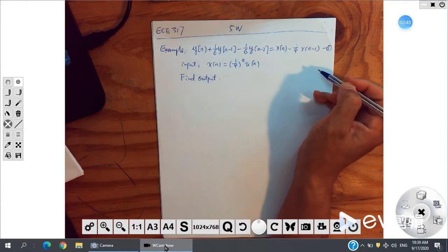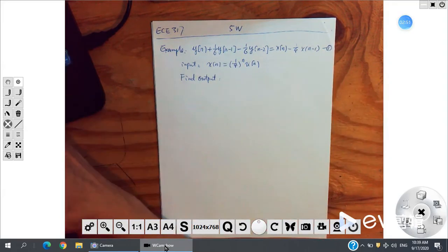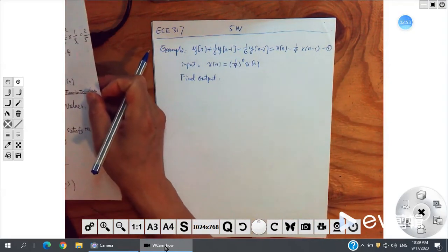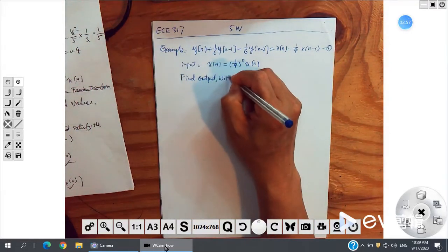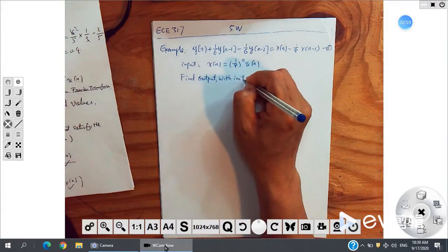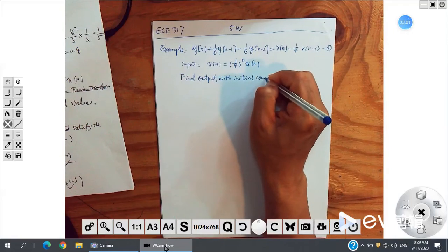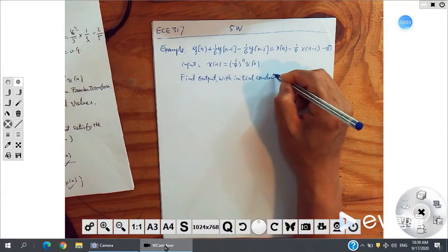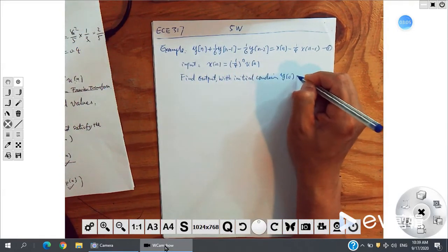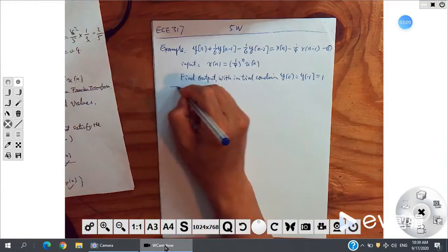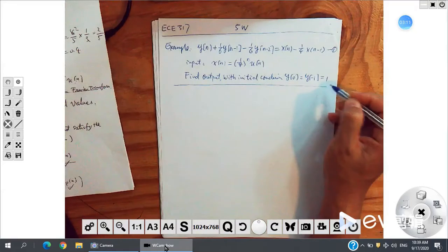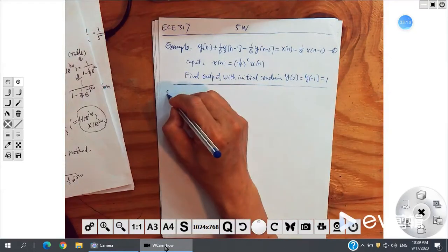Actually, we have an initial condition. What is the initial condition? Initial condition: y of 0 equal to y of -1 equal to 1, right?